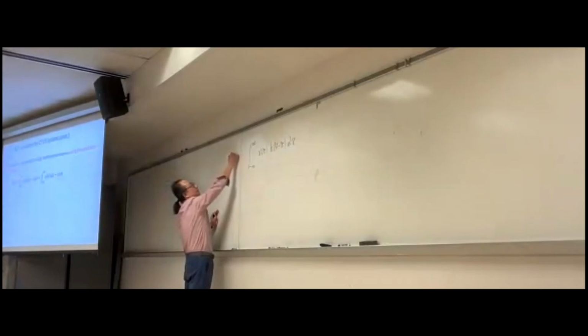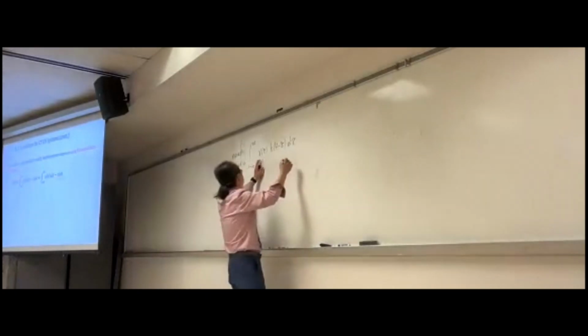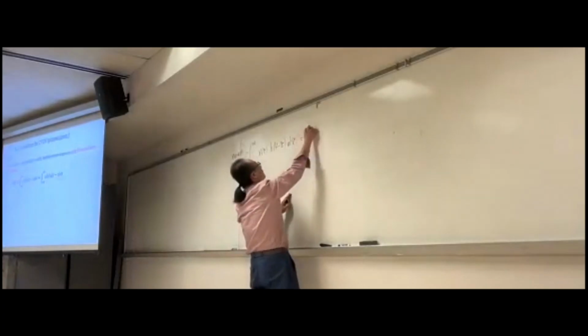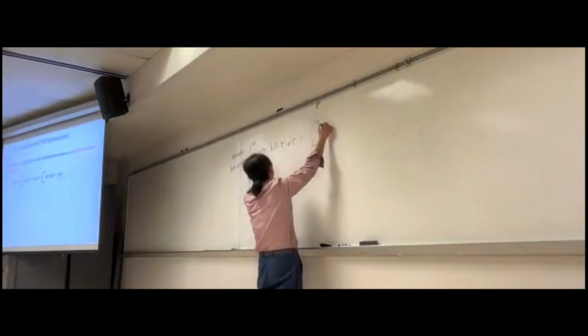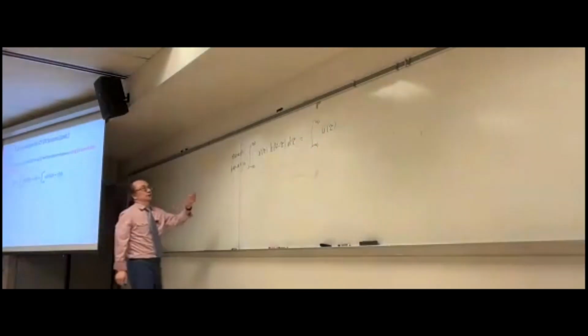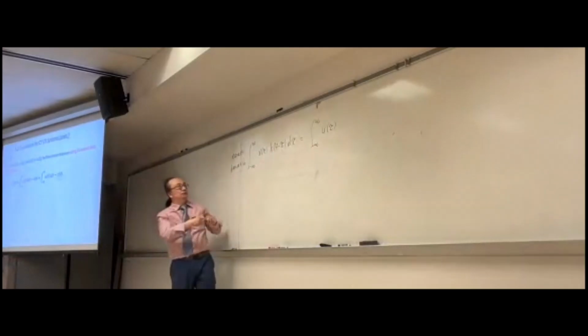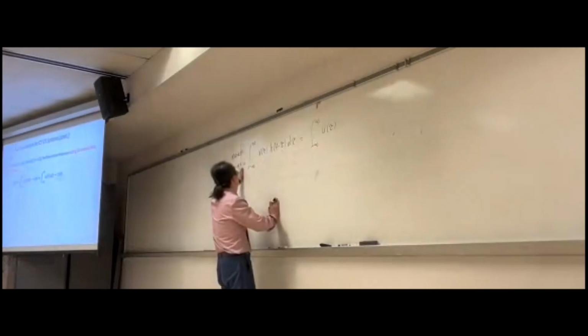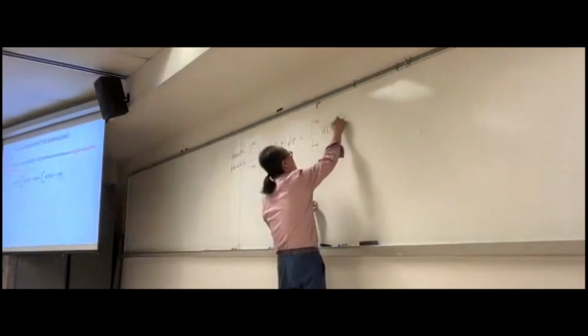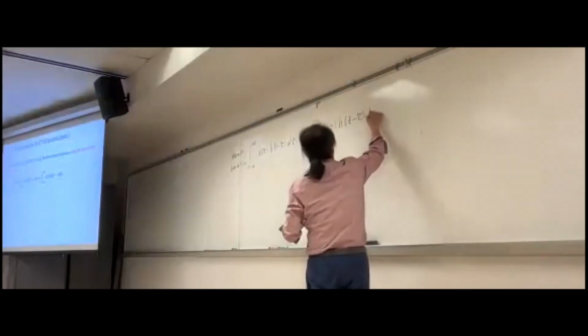X of t is given as u of t, and h of t is given as u of t. Now we plug this in. X of t is u of t, so x of tau is u of tau. In here, our variable is tau, not t. For h of t given as u of t, we're going to have h of t minus tau and d tau.